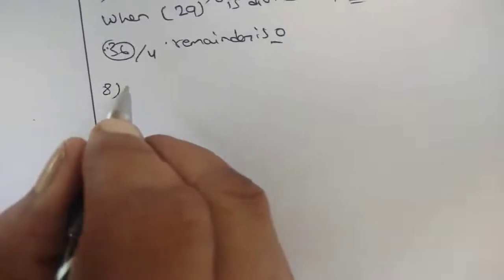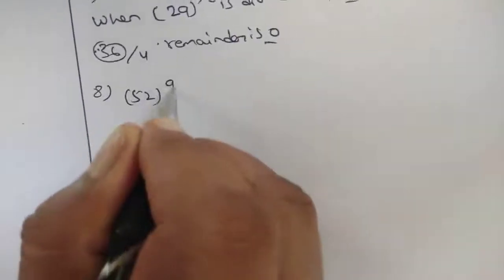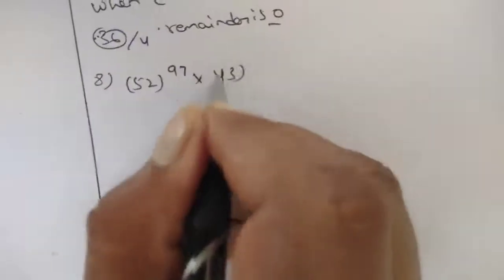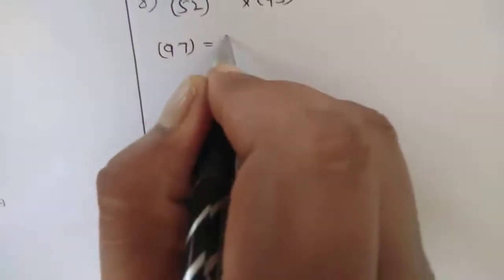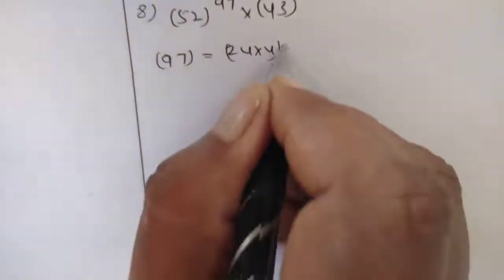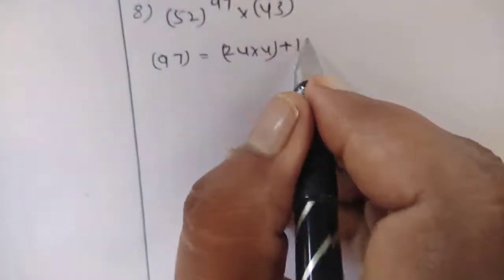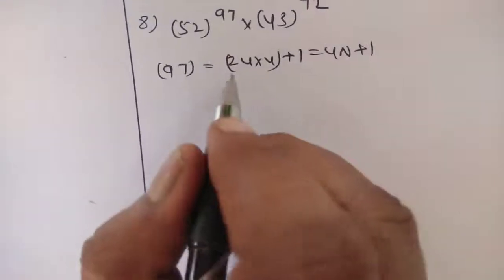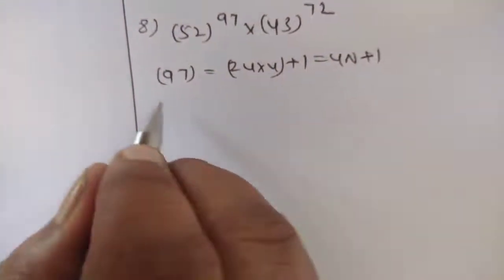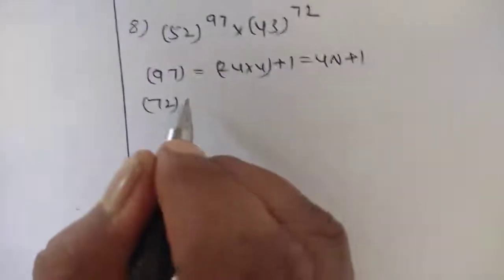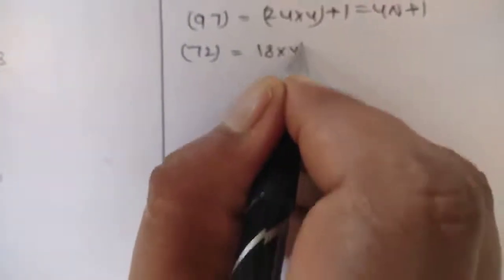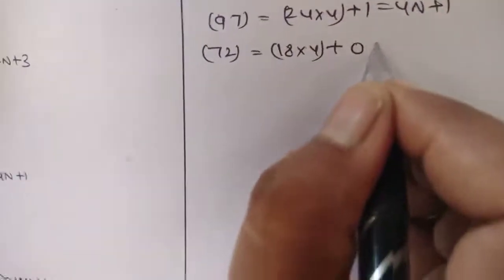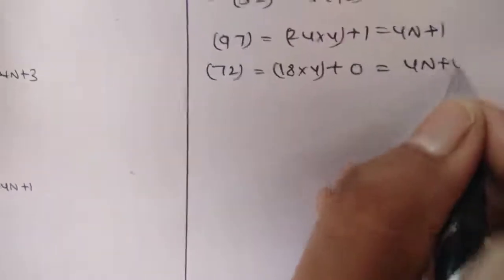So the eighth problem, 52 power 97 into 43 power 72. Here 97 can be written as 24 into 4 plus 1, which is 4n plus 1. 72 can be written as 18 into 4 plus the remainder 0, that is 4n plus 0.